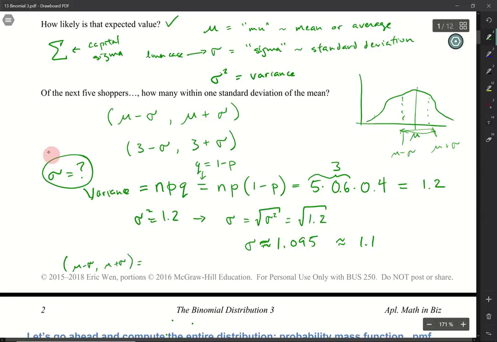Right, so that's basically 1.9 to 4.1, right? Because we take 3 minus 1.1 and we take 3 plus 1.1. Okay, so basically this means that we got 2, we got 3, and we got 4.